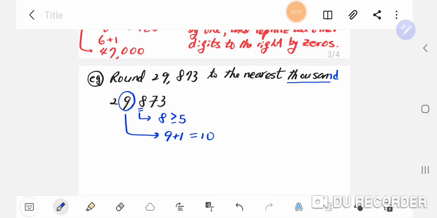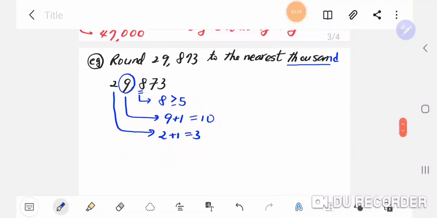Since 9 became 10, we need to increase this 2 by 1 again, so we carry 1 to this one. So the answer will be 30,000. Can you see it? Because 9 became 10, 1 carries up, so 2 plus 1 is 3.